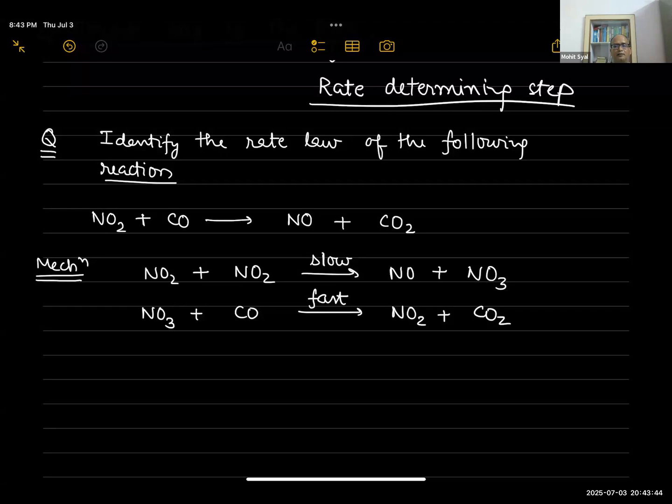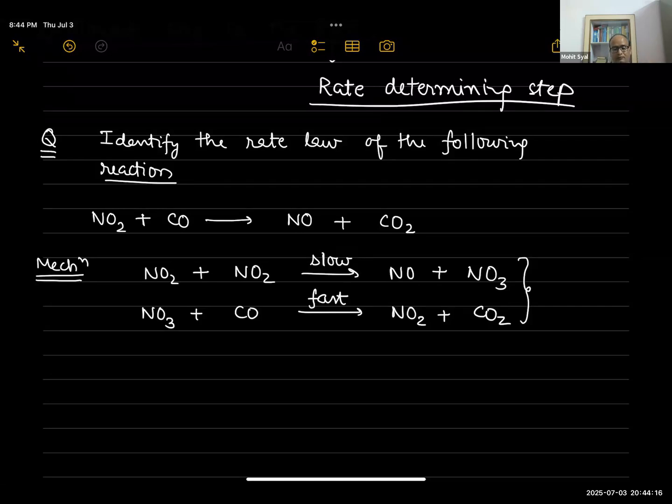Am I audible, Marwa? Aisha, tell me, is it a complex or elementary reaction? Jasleen, complex or elementary? Complex. Yeah, it is a complex reaction.